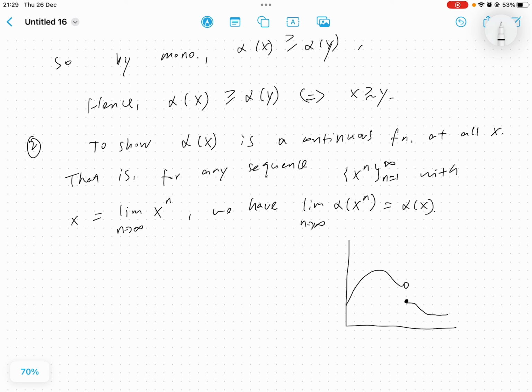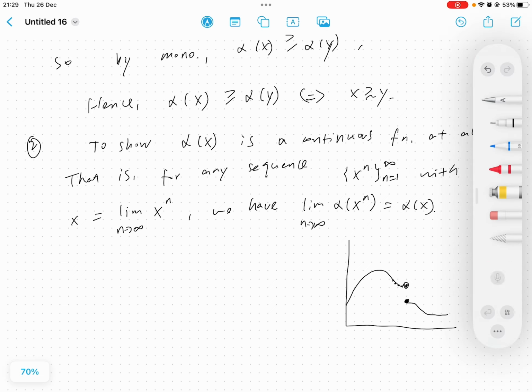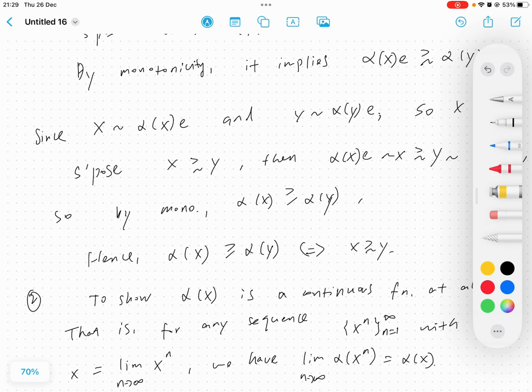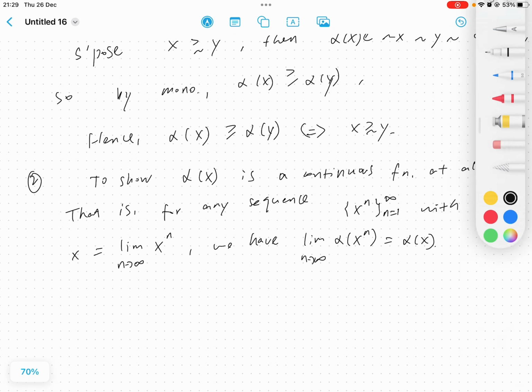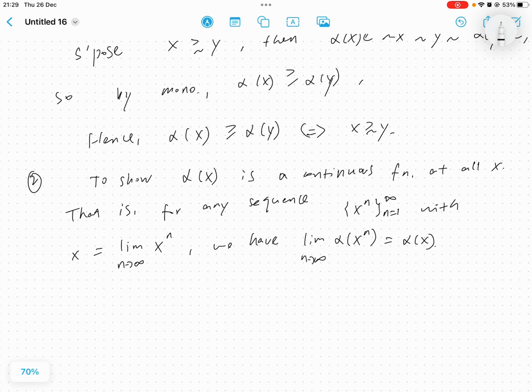In the limit, if we approach this point we're getting closer, but eventually this point is disconnected. So this is not good and not continuous. That's just an example of a continuous function.